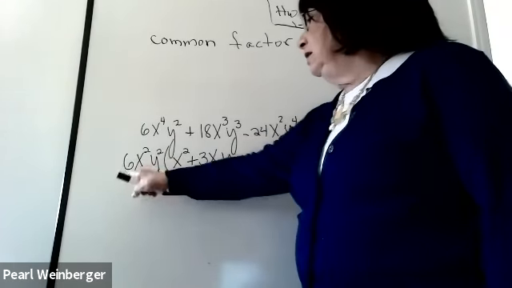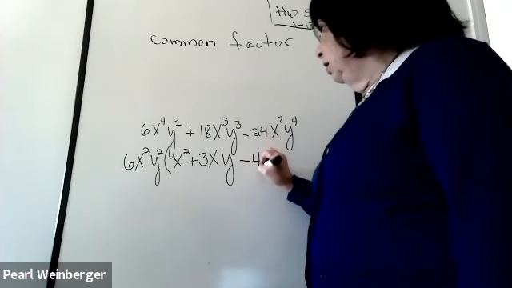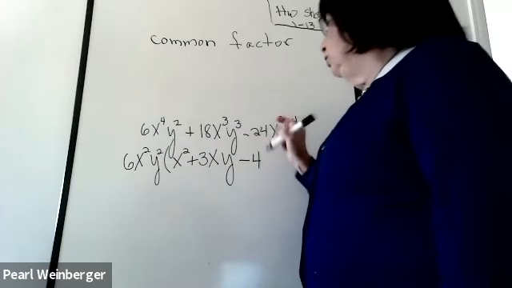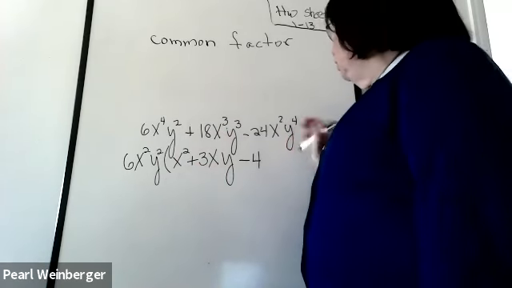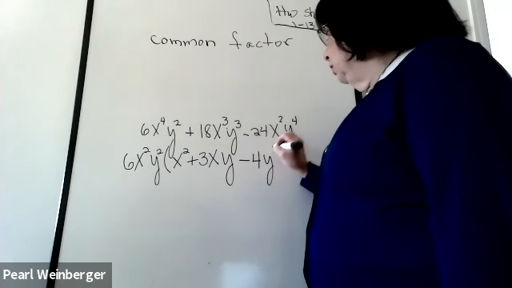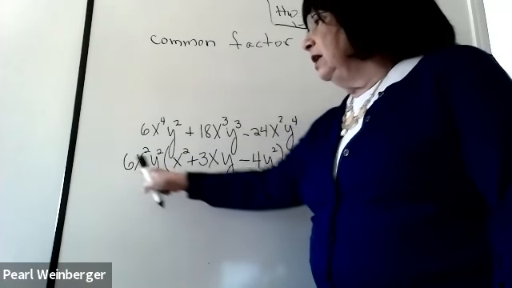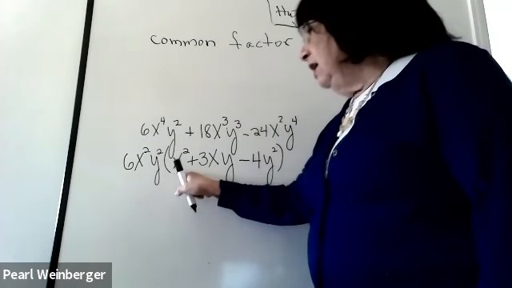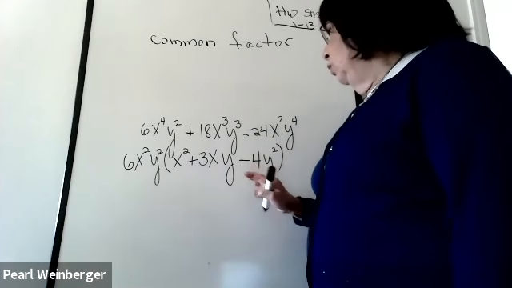And finally, 6 into negative 24 is negative 4. X squared into x squared cancels out. Y squared into y fourth is y squared. So my answer in factored form is 6x squared y squared times x squared plus 3xy minus 4y squared.